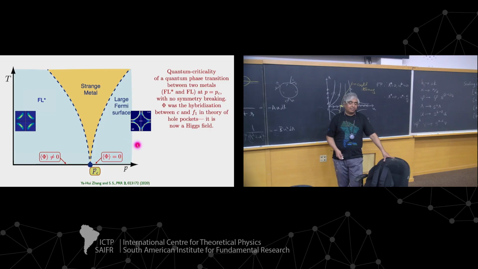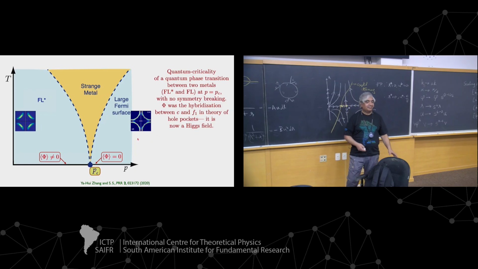So it's very much like the SDW theory, but it's got additional gauge fields. But once you put in disorder and randomness, you find that the gauge fields really make no difference. So the theory in the end turns out to be almost exactly the same, except the interpretation of phi is now different. The phi is not an order parameter, it's a Higgs field. That's all.